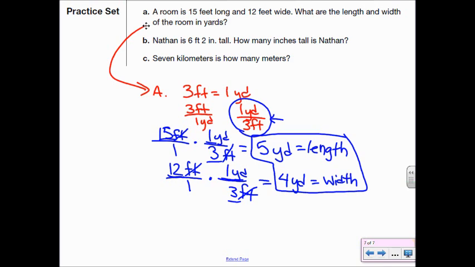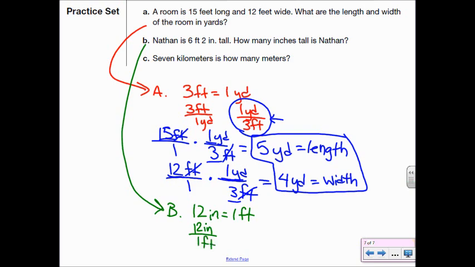All right, B. Nathan is 6 feet 2 inches tall. How many inches tall is Nathan? So, for feet, if we look at the conversion, we have 12 inches equals 1 foot. And the two fractions that we can get are 12 inches per 1 foot, or 1 foot per 12 inches.